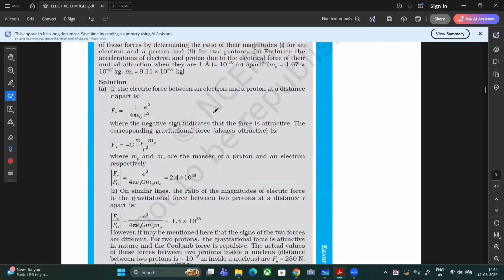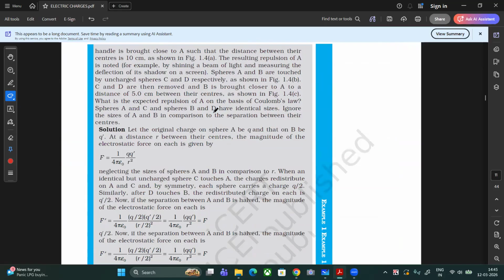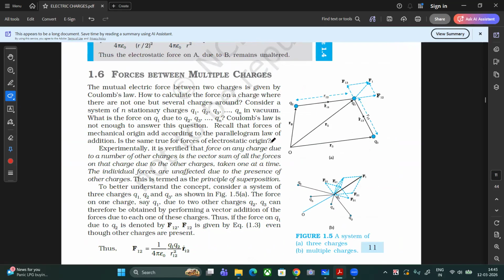Coulomb's law can be extended to find the force between multiple charges. What if we have three charges? Instead of two charges, we find the force between multiple charges using the same formula. Now we have to find the force on charge Q1 due to the charges Q2 and Q3.